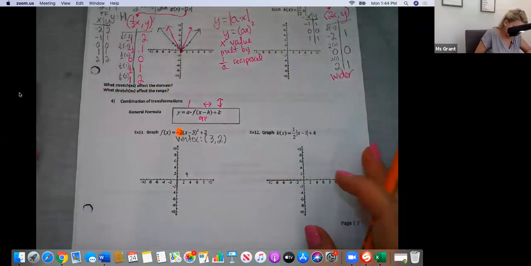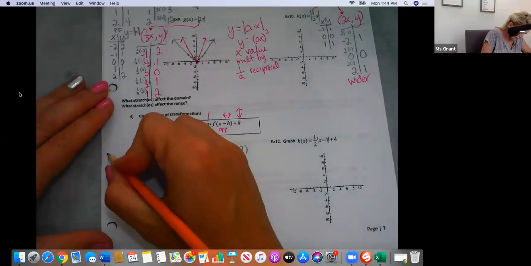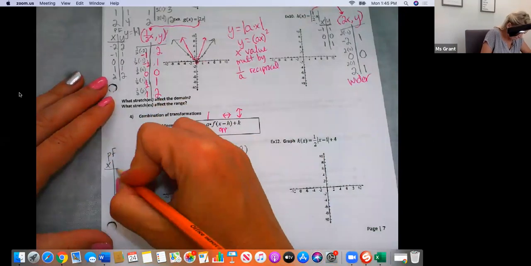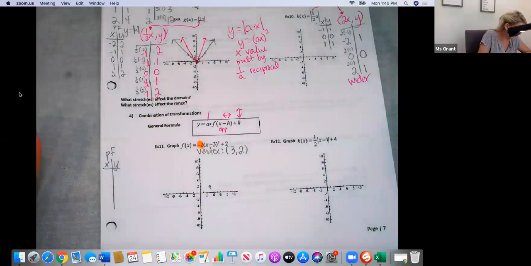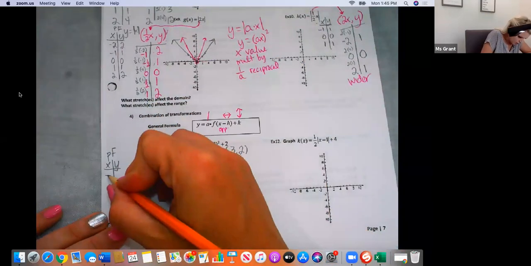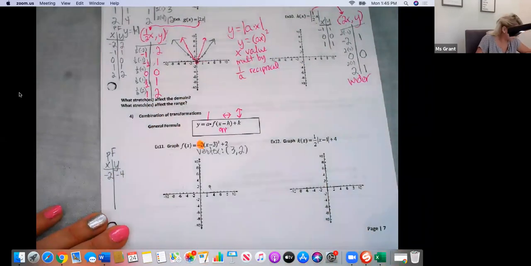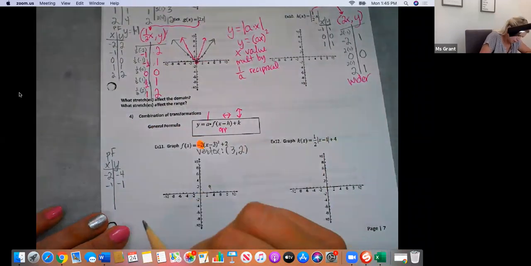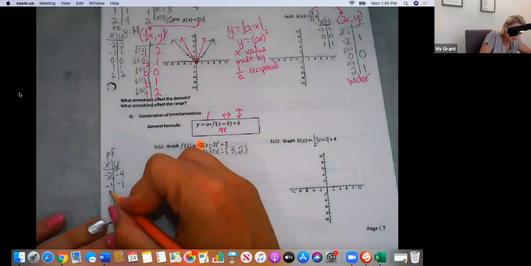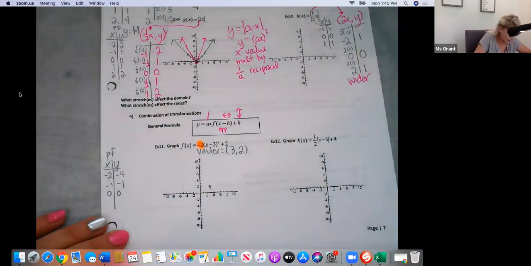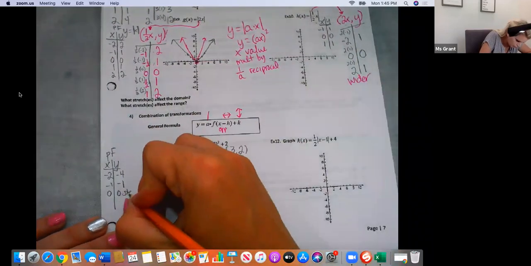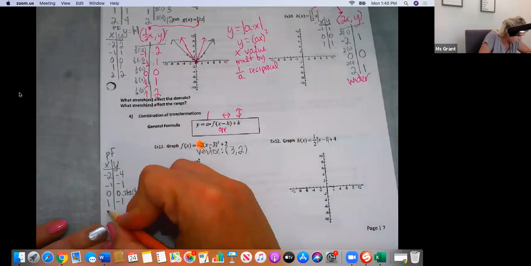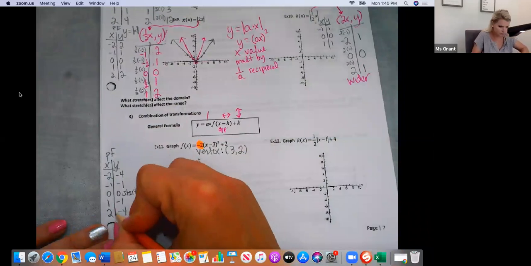My parent function of a graph, if it's negative, downward is going to be -2, but you go down 4. -1, down 1. Your 0, 0 is still where you start off at. That's like your start. And then 1, down 1, 2, down 4.